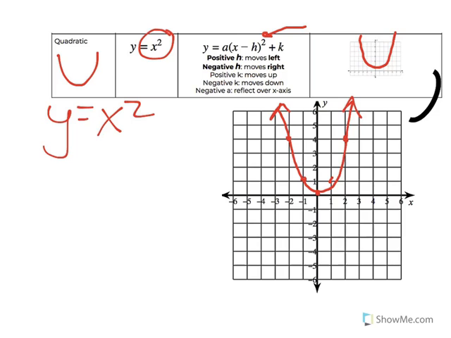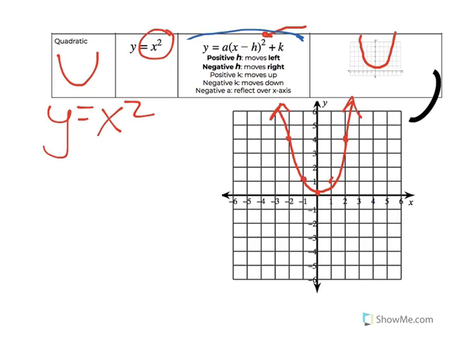Now we take a look at this equation. This tells us how we can move. So the number on the outside, the k value, moves you up and down, and it makes sense. So if it's a positive number, then it's going to move you up. If it's a minus sign or a negative number, it's going to move you down.